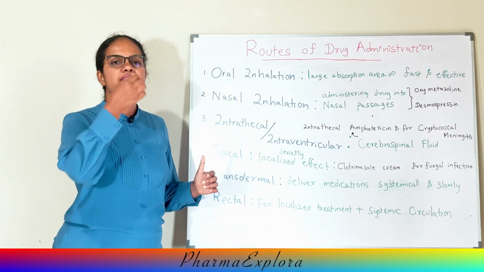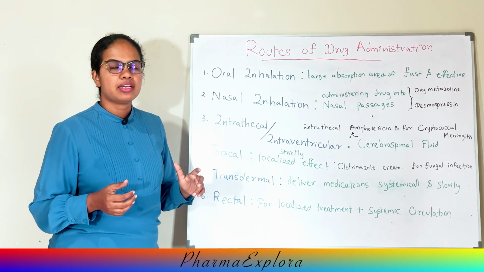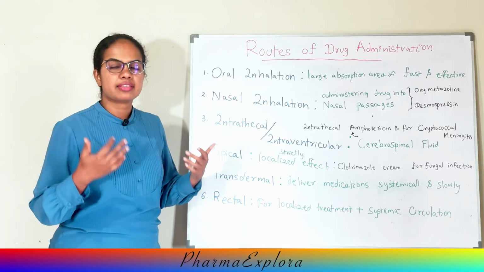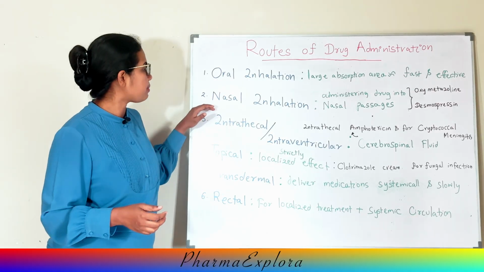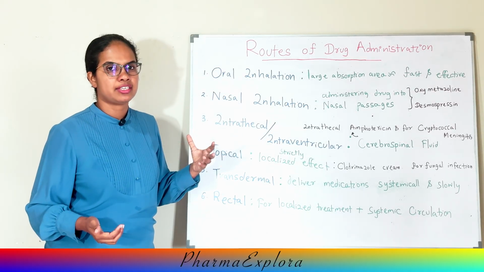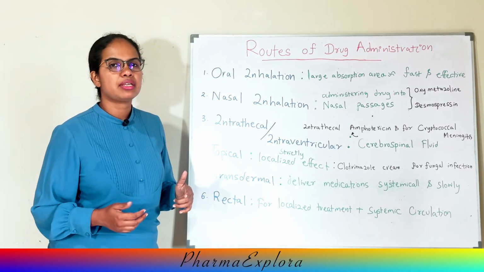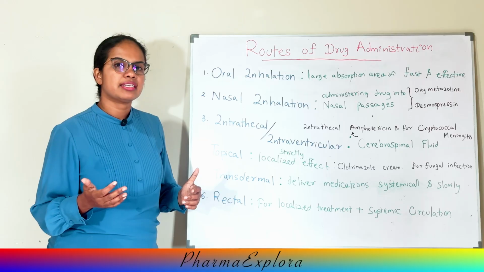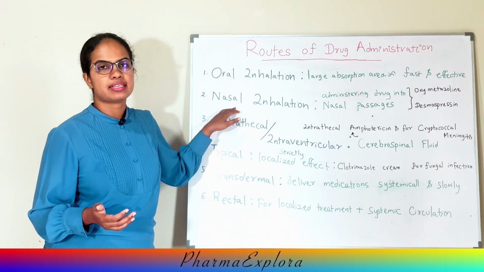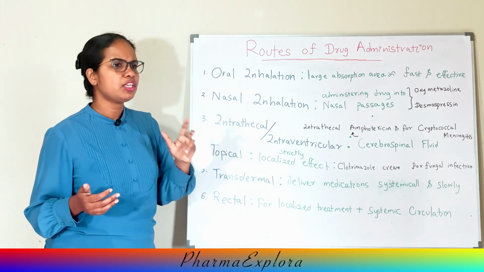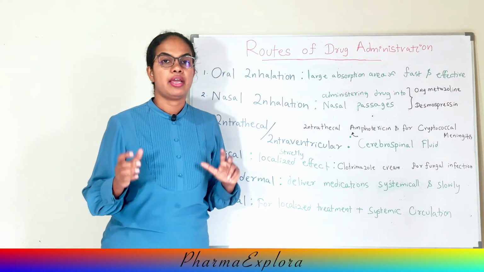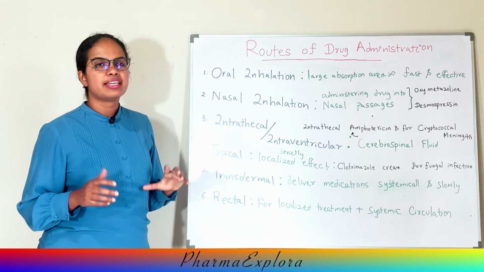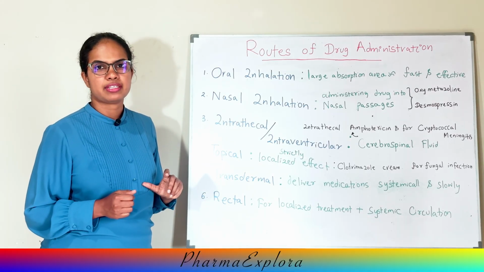Now the second one, nasal inhalation. Nasal inhalation is where we apply the drug through our nasal passages. A very common example is applying oxymetazoline nasal decongestant through nasal inhalation. We also use desmopressin nasal spray to treat diabetes insipidus through this route of administration.